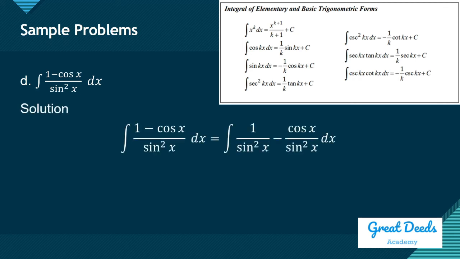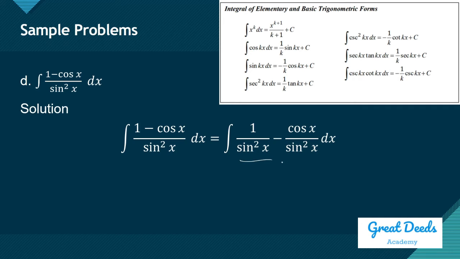Well, again, you can separate this into 2 terms. 1 over the square of sine of x minus cosine of x over the square of sine of x. And you know this to be the square of cosecant of x. It is already there in your table. It is equal to negative cotangent of x.